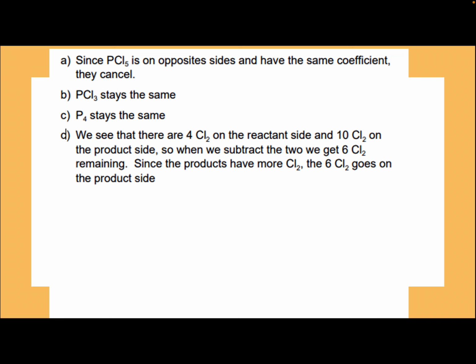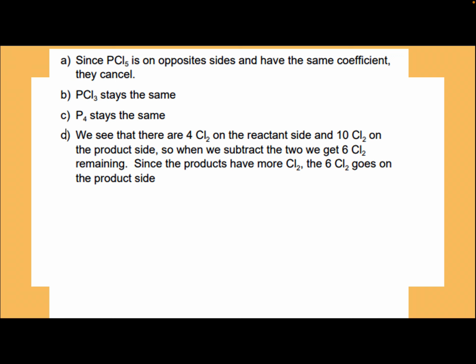Okay? PCl3 stays the same, so it's left there because it's the same as the original statement. P4 stays the same because it is on the same side, and we need that information.